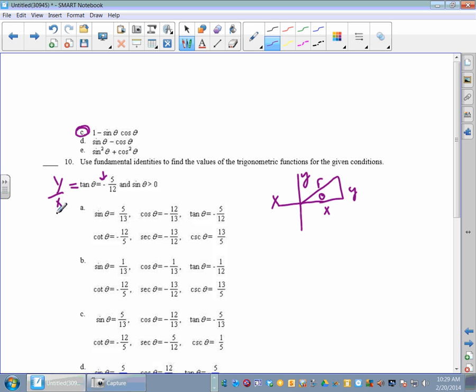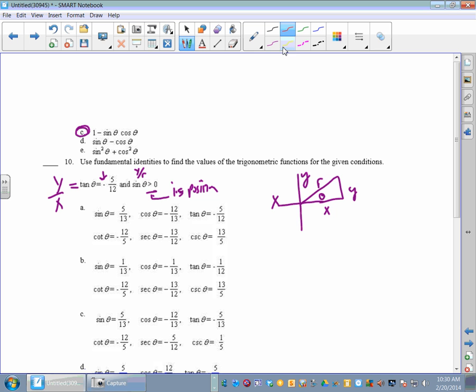Y over X. What's sine going to be? Y over R, opposite over hypotenuse. And I told my ACT prep class that my trig students know that this symbol means is positive. Okay? Is positive.